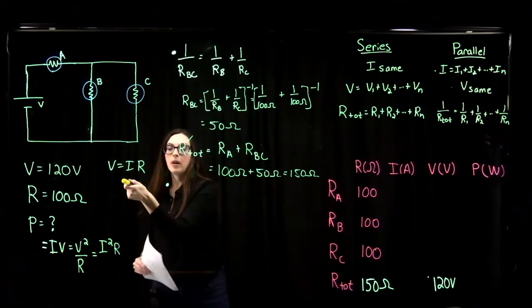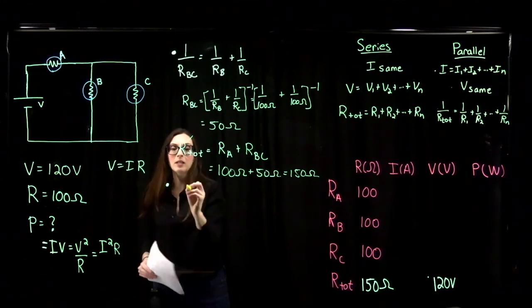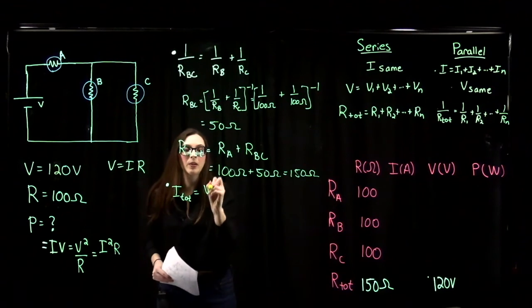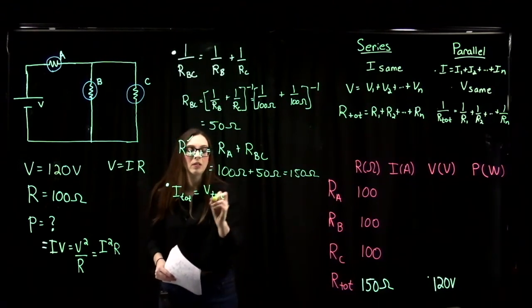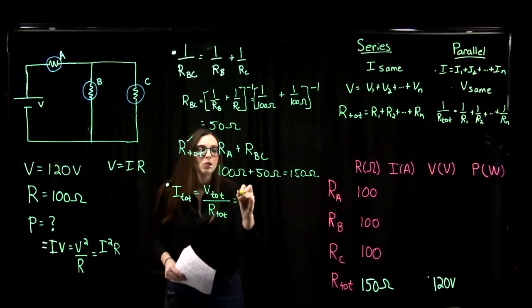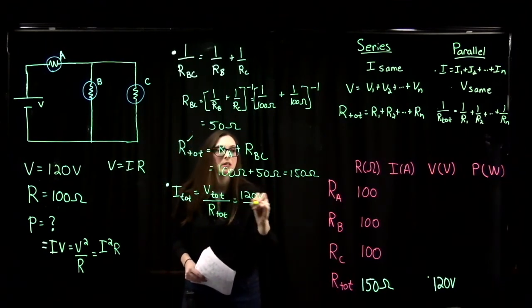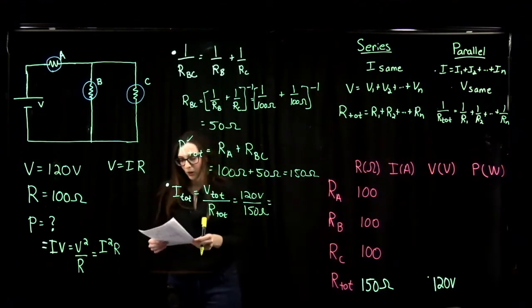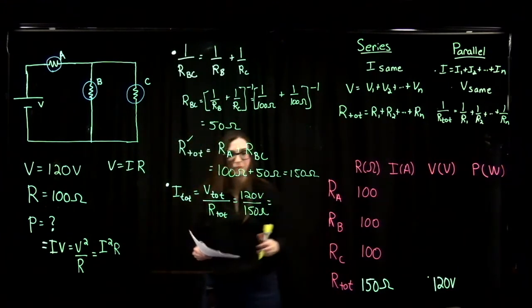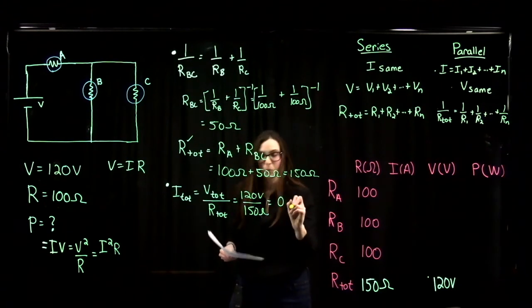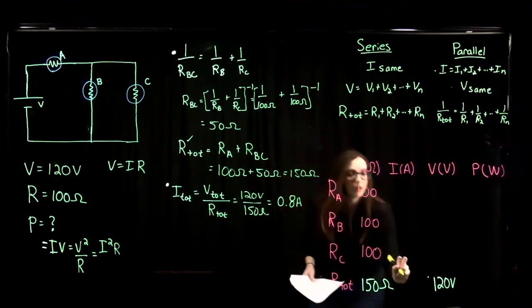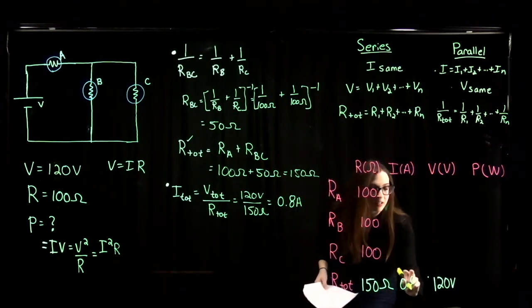So rearranging Ohm's law for the current, the total current in my circuit is equal to the potential supplied by my battery divided by the total resistance. So that's 120 volts divided by 150 ohms. My total current is then 0.8 amperes. Here we go, 0.8 amperes.